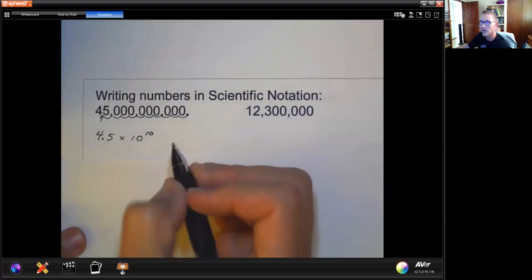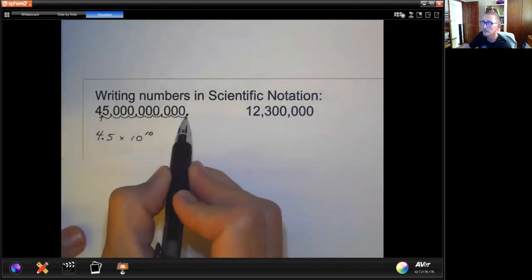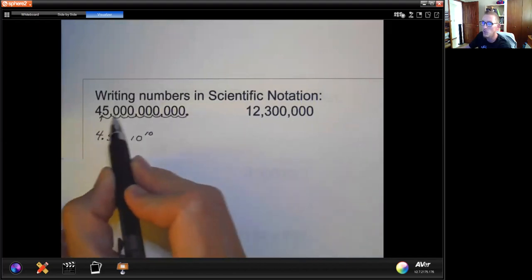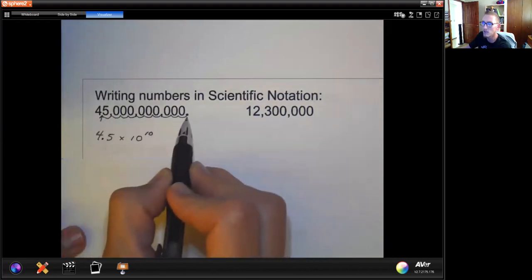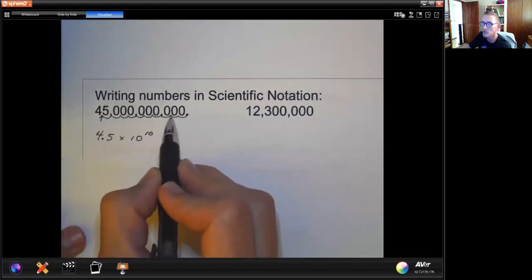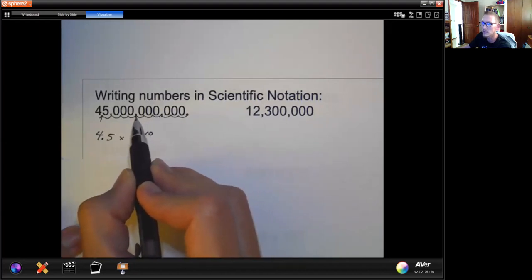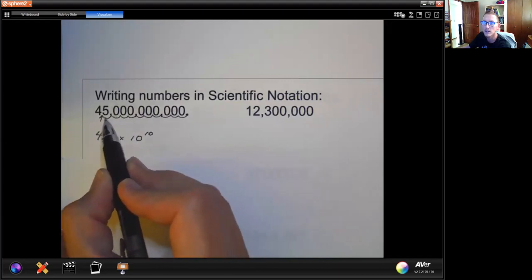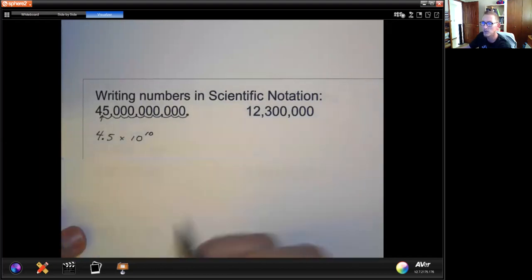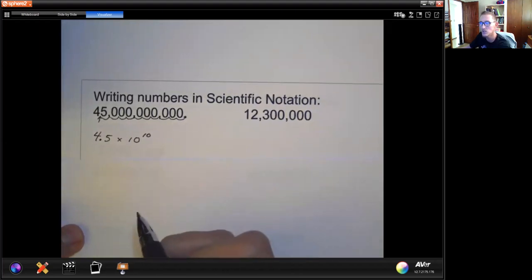So that becomes times 10 to the 10th power. So the decimal starts here at the end, and then I have to move it all the way to between the 4 and the 5. And then I have all of my loops. 1, 2, 3, 4, 5, 6, 7, 8, 9, 10, and that's the exponent. So that's writing a number in scientific notation.